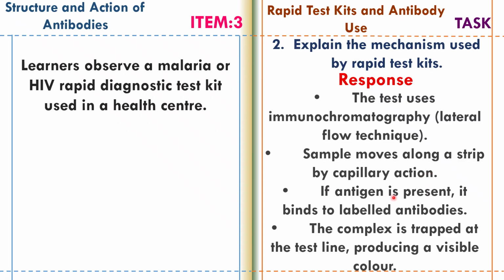If antigen is present, it binds to labeled antibodies. The complex is trapped at the test line, producing a visible color.